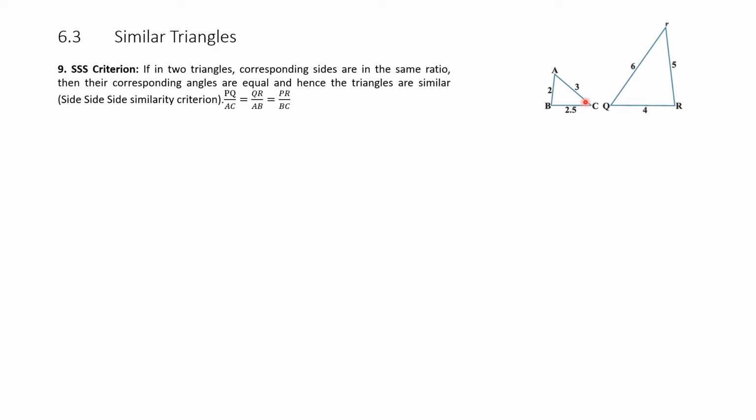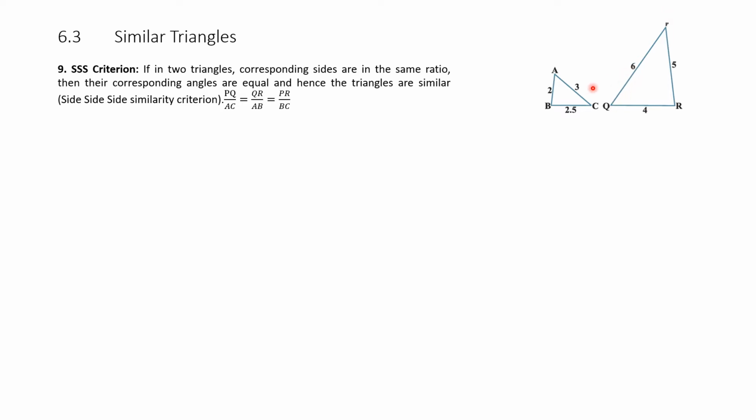Please see the figures. Here two triangles are given, ABC and PQR. So AB is equal to 2, AC is equal to 3 and BC is equal to 2.5. The ratio is the same. You take any ratio of the triangles. Here you see AB is 2, and in PQR it is 4. BC is 2.5 and PR is 5, and AC is 3 and PQ equals 6.